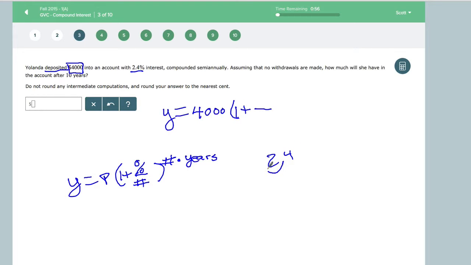We got to remember we got to move the decimal twice to the left so that we have it in decimal form, so 0.024. And it's compounded semi-annually. Semi-annually just means twice a year. Okay, and so that 2 goes up here as well. How many times, or how many years? 10 years, so 2 times 10.